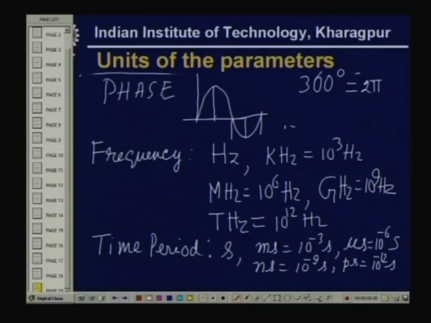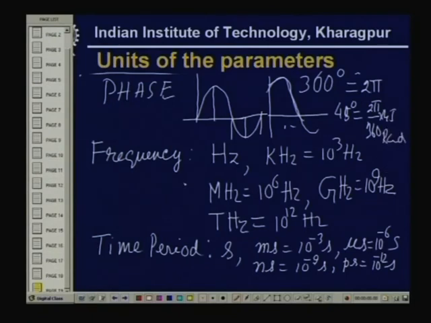Suppose the phase has been shifted and the other signal is like this, then the phase here is about 45 degree, which can be written as 2 pi by 360 into 45 in radian.